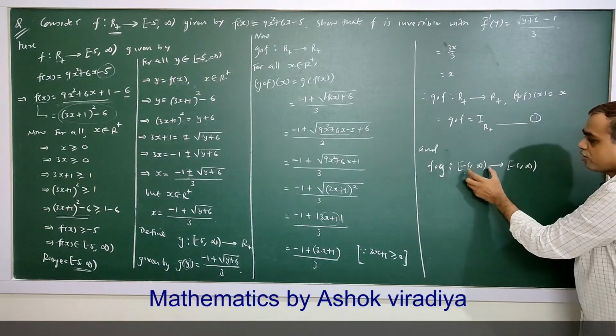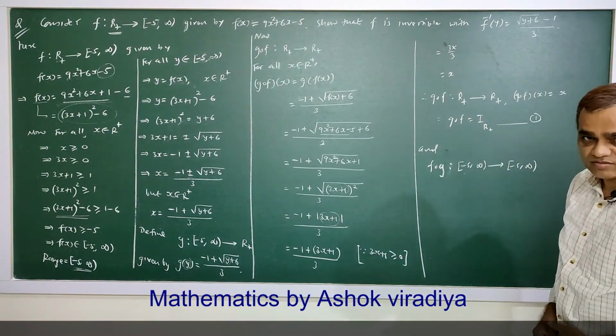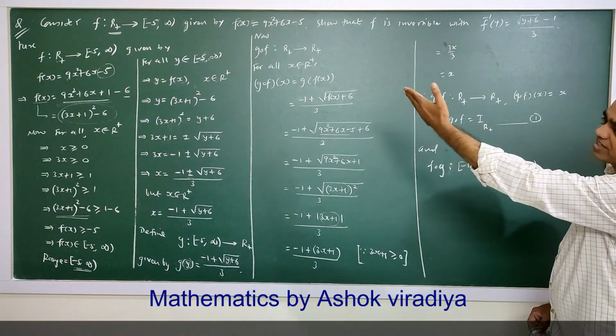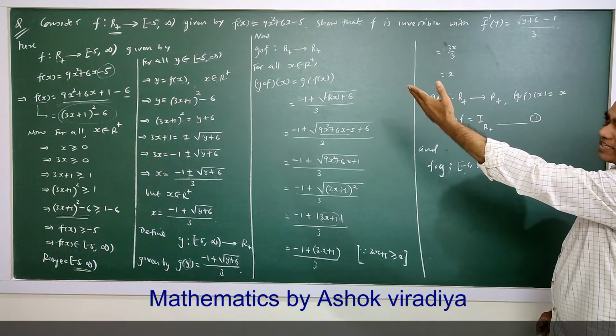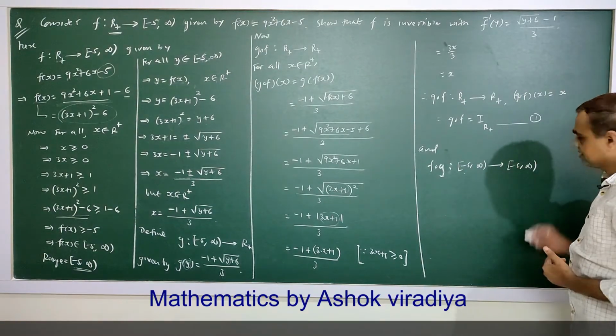So here domain of G, codomain of F. Here the codomain of F itself is its range. Range and codomain are the same. So -5 to infinity, -5 to infinity.